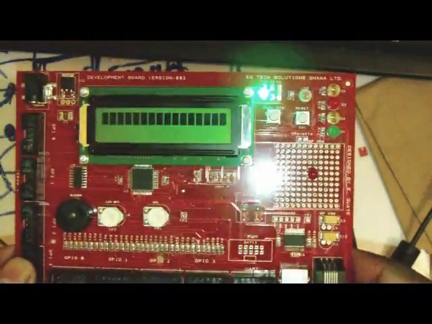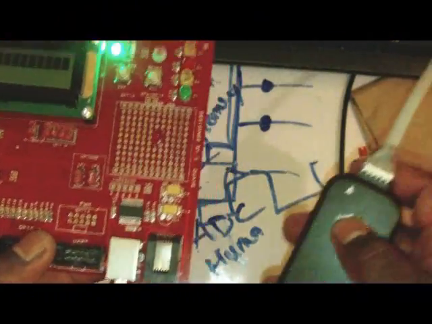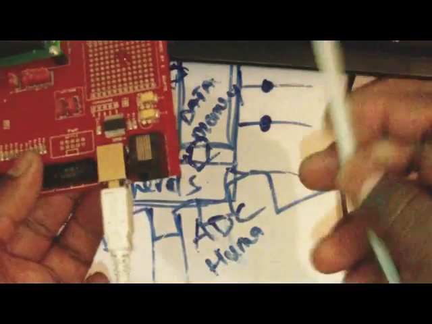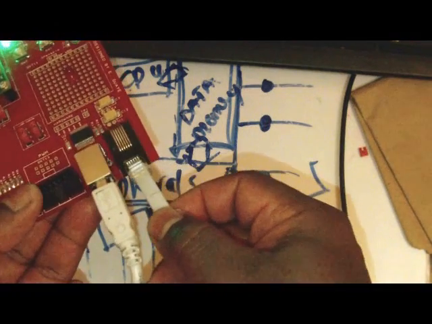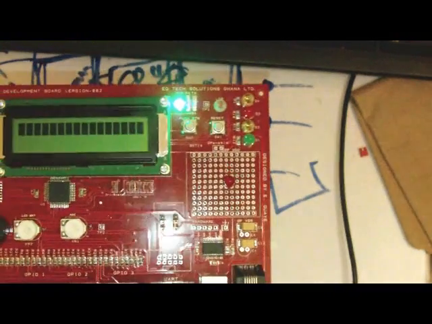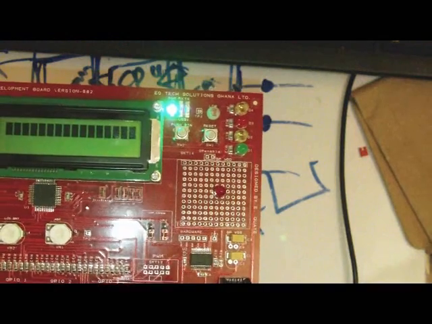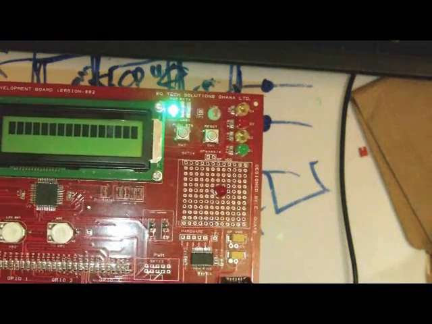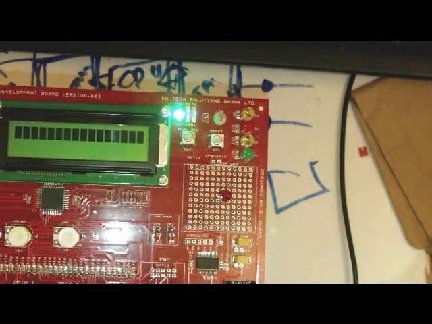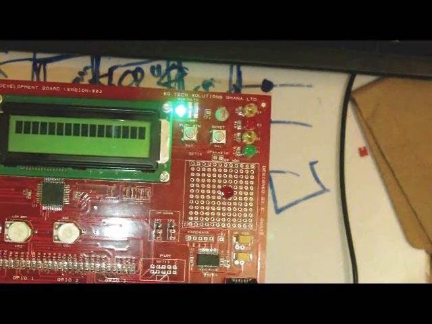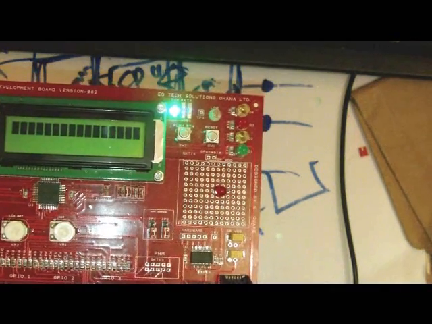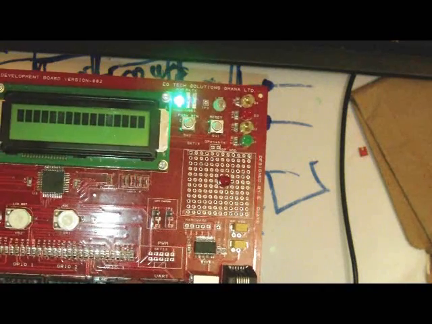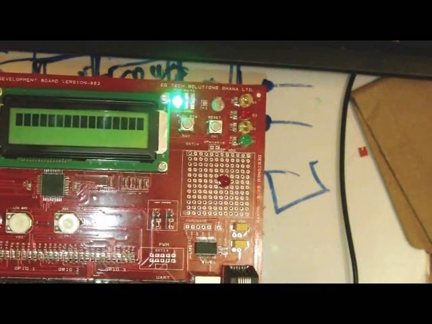Okay, the board is powered now. I'm going to use PICkit 2 to program it. So I put the PICkit 2 in the programming socket. Now let's start by pressing the programming key on the MPLAB.